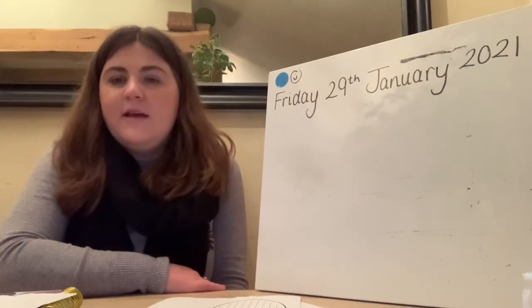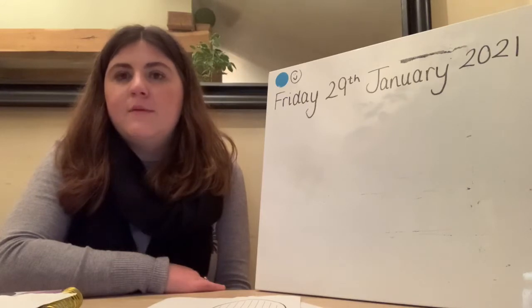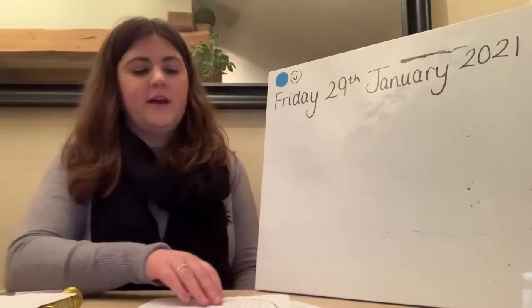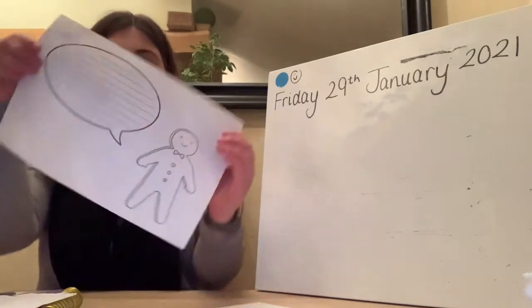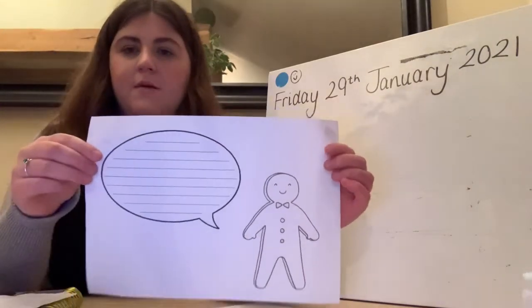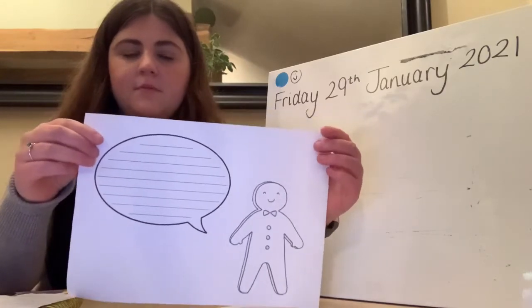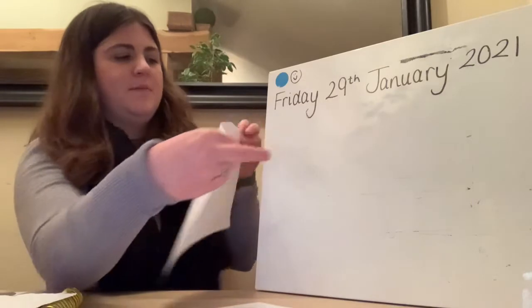Now today we're still going to be learning about the gingerbread man, but we're going to look at something a little bit different. Now I'm going to show you something and I want to see if you can remember what it is called. Now on my piece of paper here I've got the gingerbread man, and I've also got something else on my piece of paper.